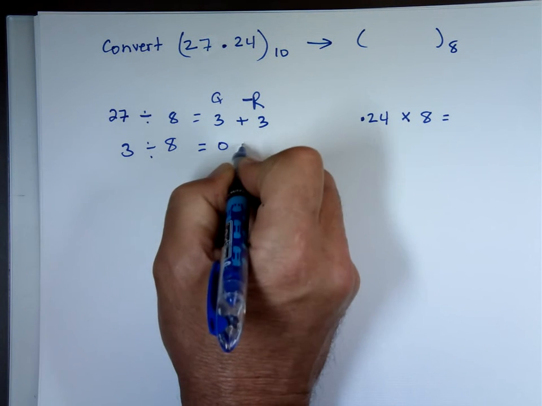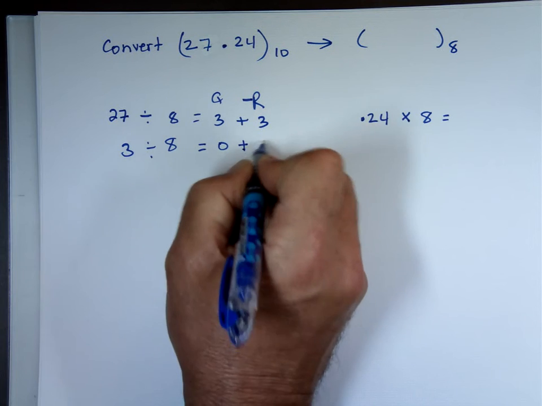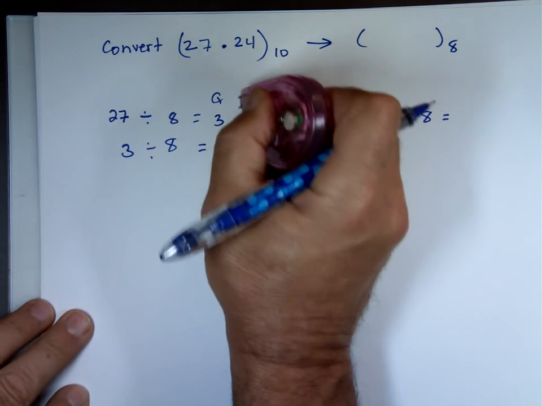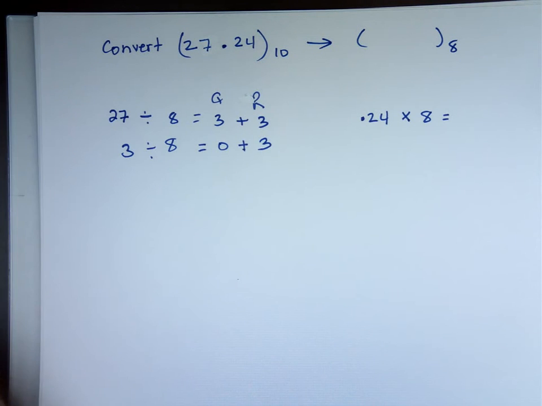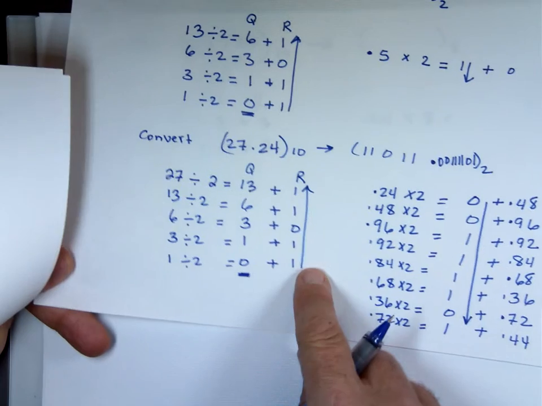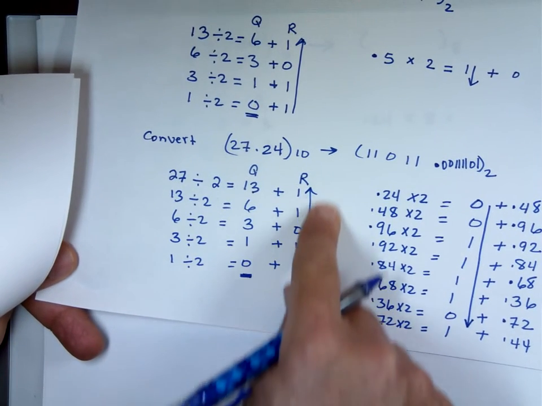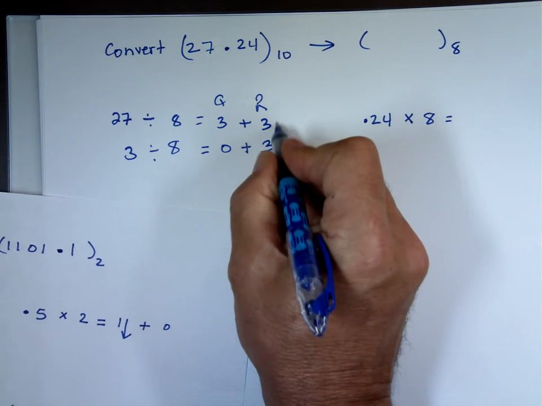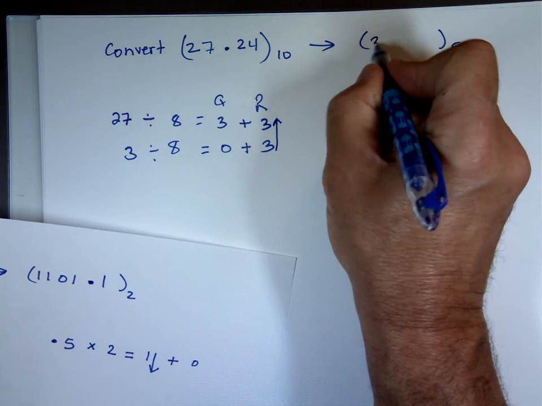And the remainder is 3. Just like with whole numbers, we take the remainders and we write them which way? Upward. So take these numbers and write them upward. That will be 33 point.